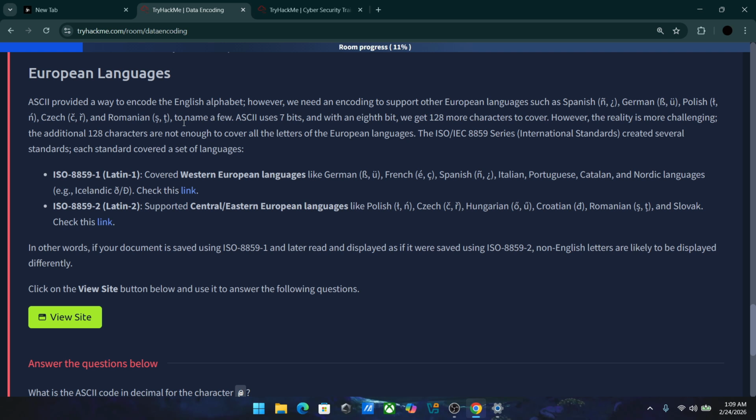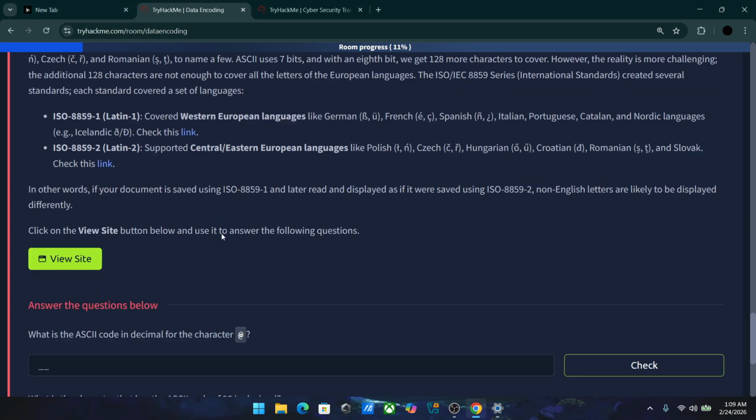What the hell is that? And Latin 2 supported Central and Eastern European languages like Polish, Czech, Hungarian, Croatian, Romanian, and Slovak.